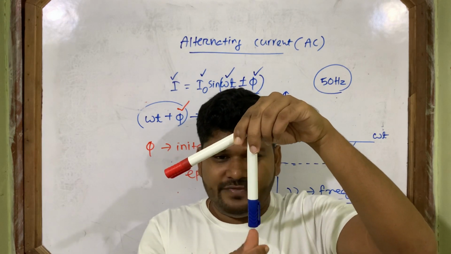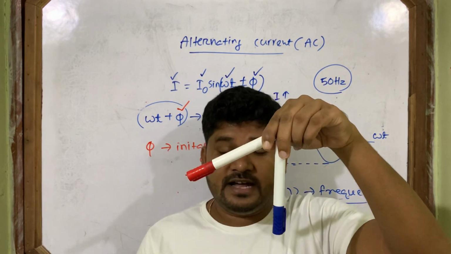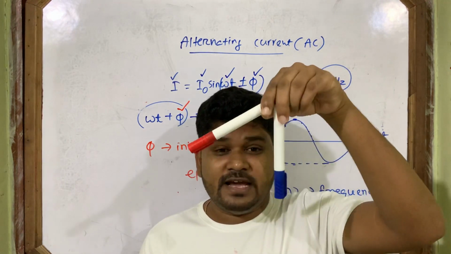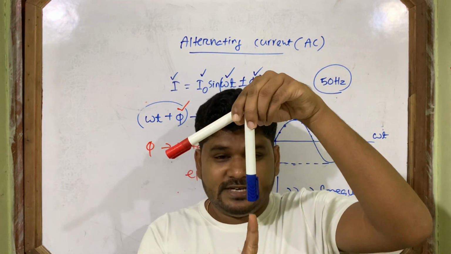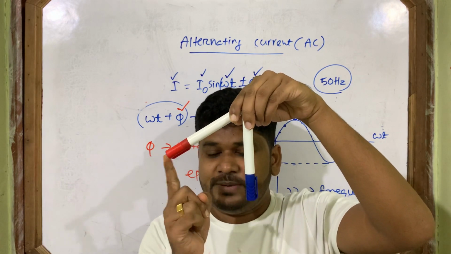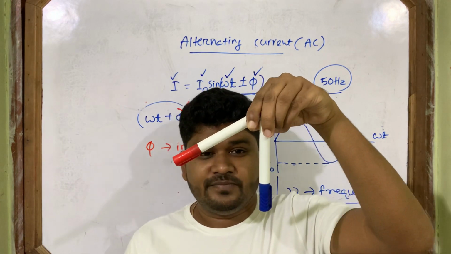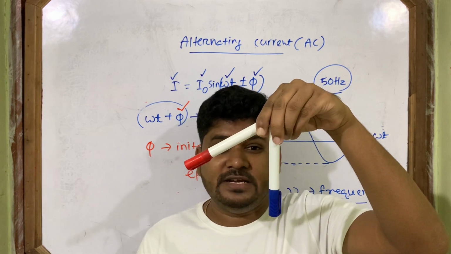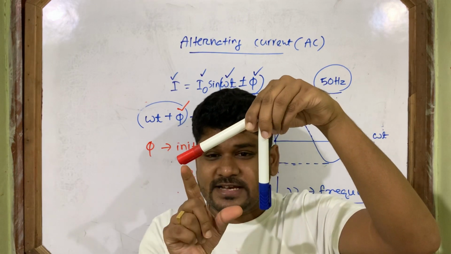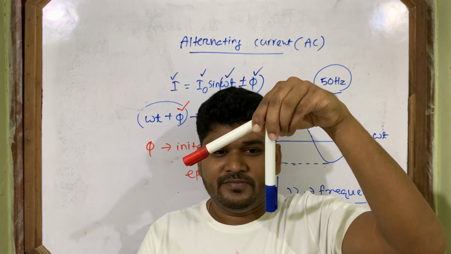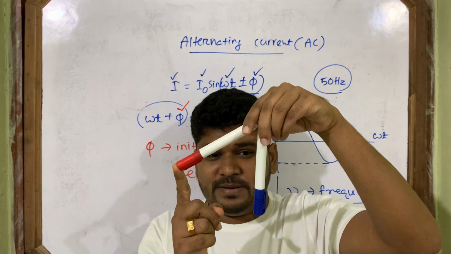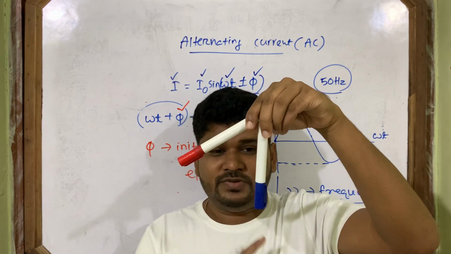But this one is at how much phase? Pi by 2 phase. When time is equal to 0, this is at 0 phase, but this is at pi by 2 phase. Means at time 0, its phase is already pi by 2. So this is the extra phase it has. It is already at its maximum amplitude value when it is at 0.